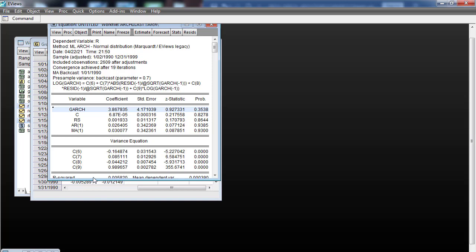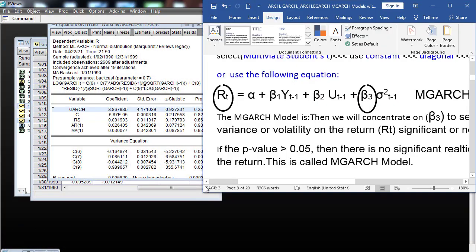So what does it mean here? As before, we want to see whether there is an impact of the variance of volatility, which is here in the equation, of beta 3 or the variance lag 1 squared on the return or not.